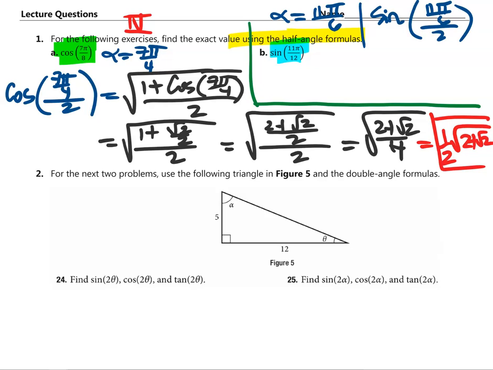But this is also in quadrant 4, and sine in quadrant 4 is negative, so let's use that. So this is equal to negative square root of 1 minus cosine, our alpha is 11 pi over 6 all over 2.